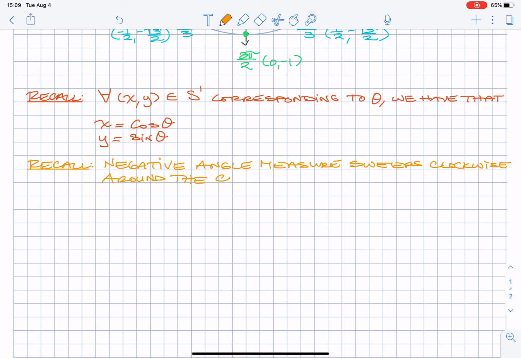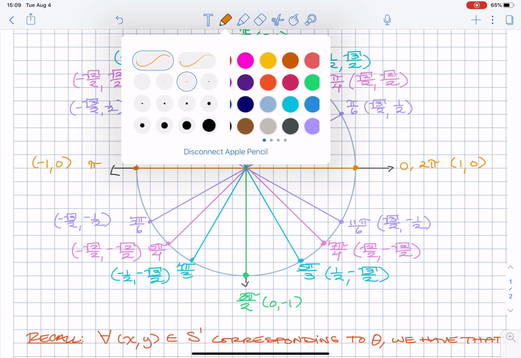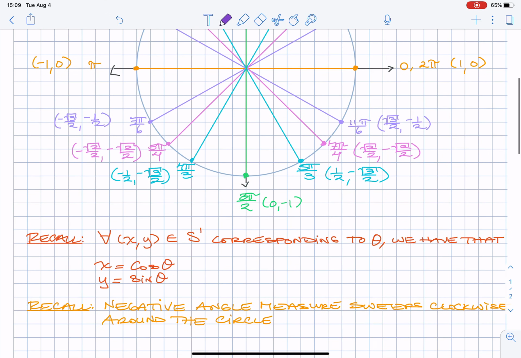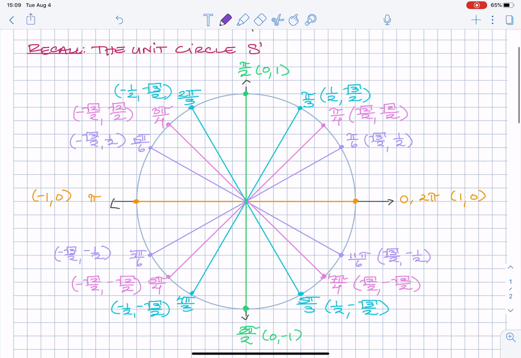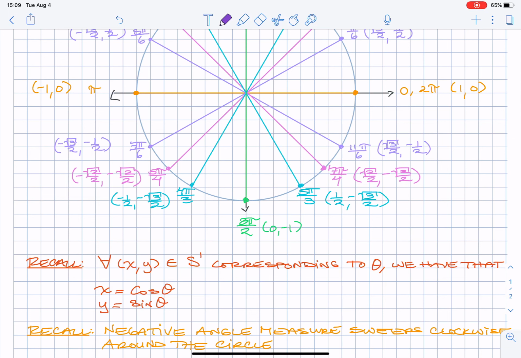So for example, let's look up here. Instead of going to positive pi over 6, negative pi over 6 is the same as 11 pi over 6. So let me indicate that somehow. So 11 pi over 6, I just look up top. And what is the mirror across the x-axis? Well, the mirror across the x-axis tells me what it'll be. So this is the same as negative pi over 6 right here.